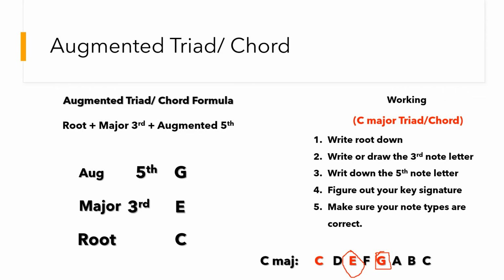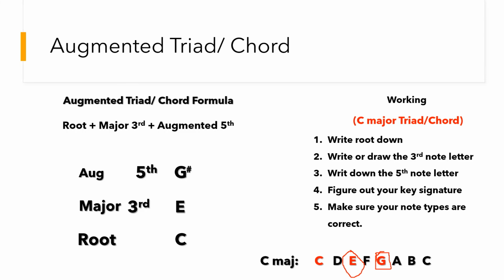In order for you to do that, you have to add a sharp next to it. When you add that sharp next to it, it turns into augmented. Now let me explain again. This G is within the scale, and this G is a G natural. Because it is natural, it has no accidentals next to it.